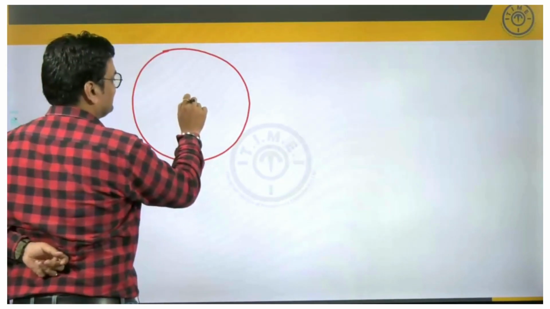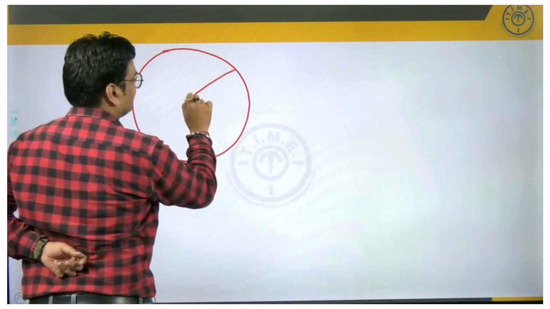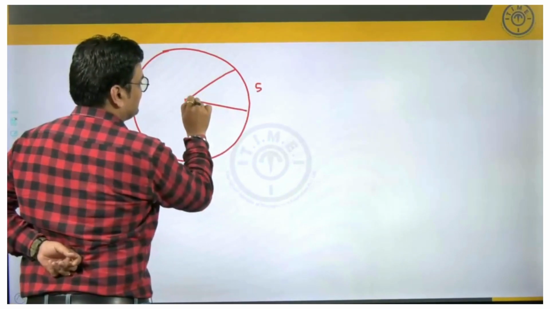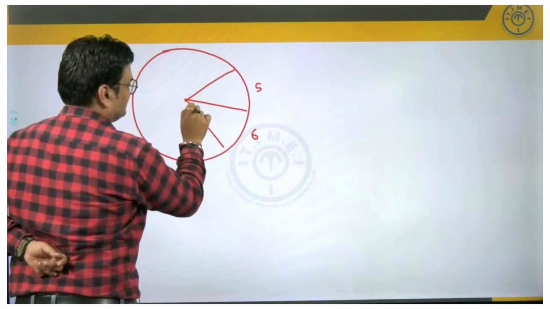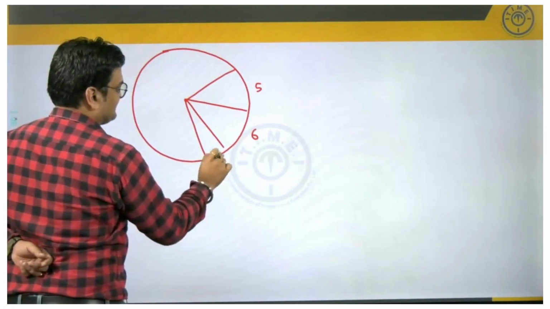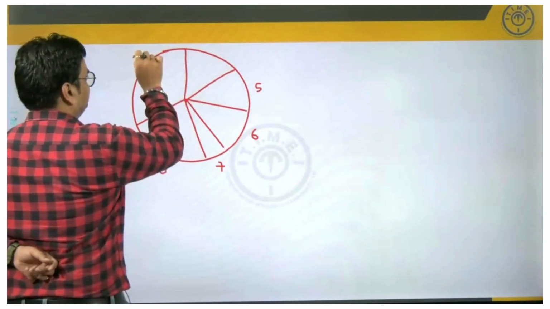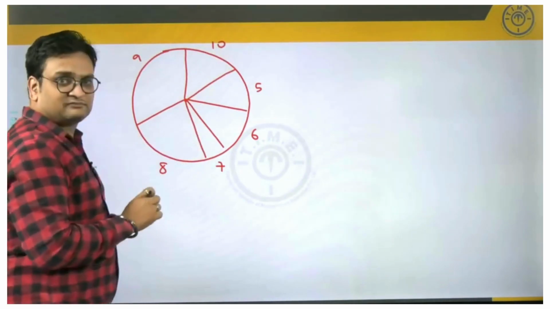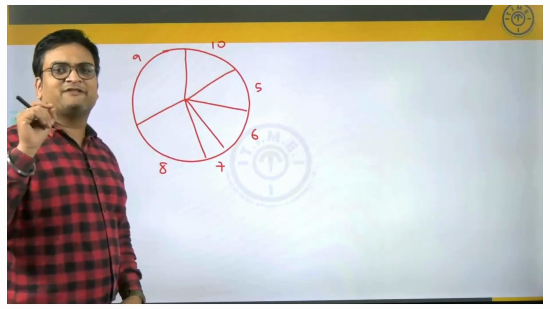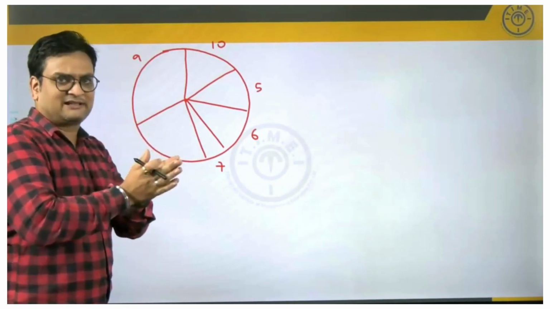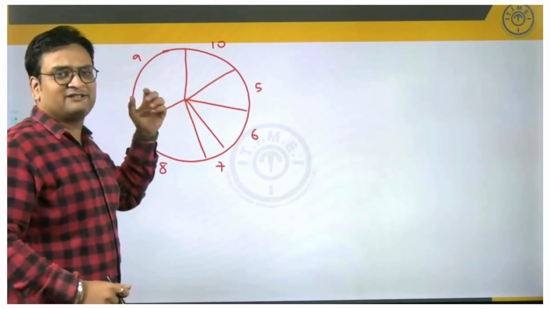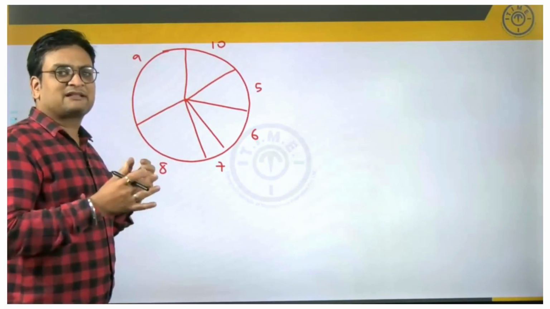So let us say this is class 5, class 6, class 7, class 8, class 9 and class 10. Over here each variable is allocated a particular sector, and just by looking at the size of the sector we may comment about the size of the variable.